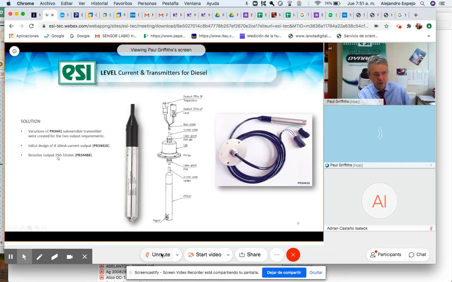So when the tank is empty, the resistance will be 250 ohms, and when the tank is full, it'll be 32 ohms. So this is just replacing the resistive probe. So converting our 4 to 20 milliamp output into a resistive output. So there is a special circuit inside this housing that makes that conversion.